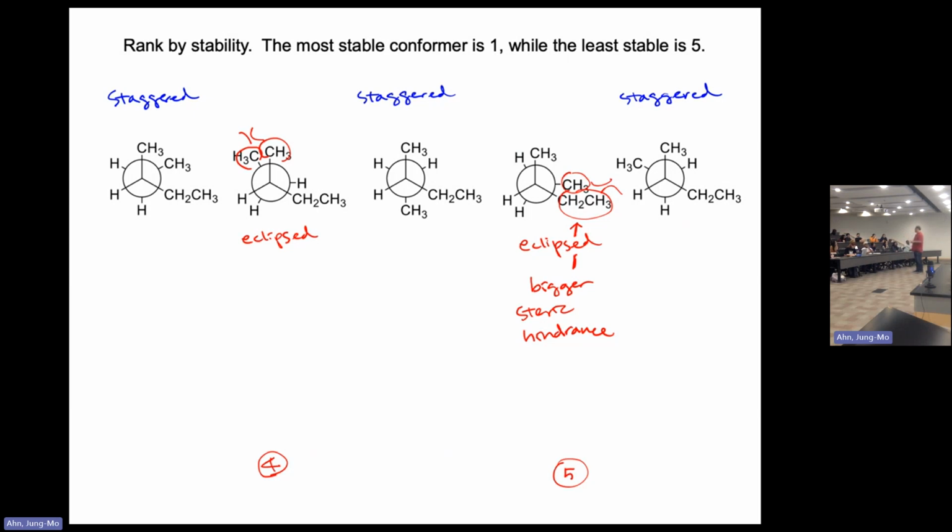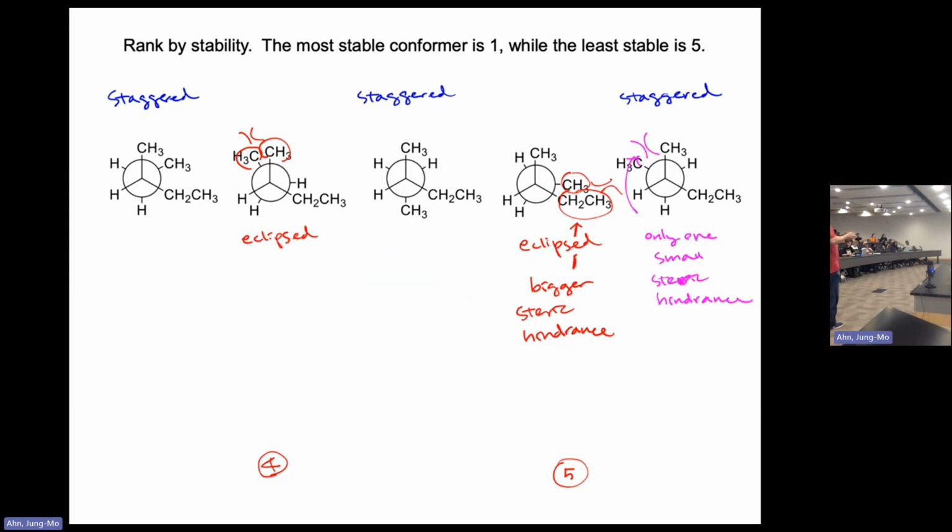I hope you remember the name of the conformation. It's called the gauche conformation. Gauche raises energy. Something I forgot to point out: how much does the energy get higher? About 1 kilocalorie for each gauche conformation. So the number of gauche conformations is something that we're going to count.